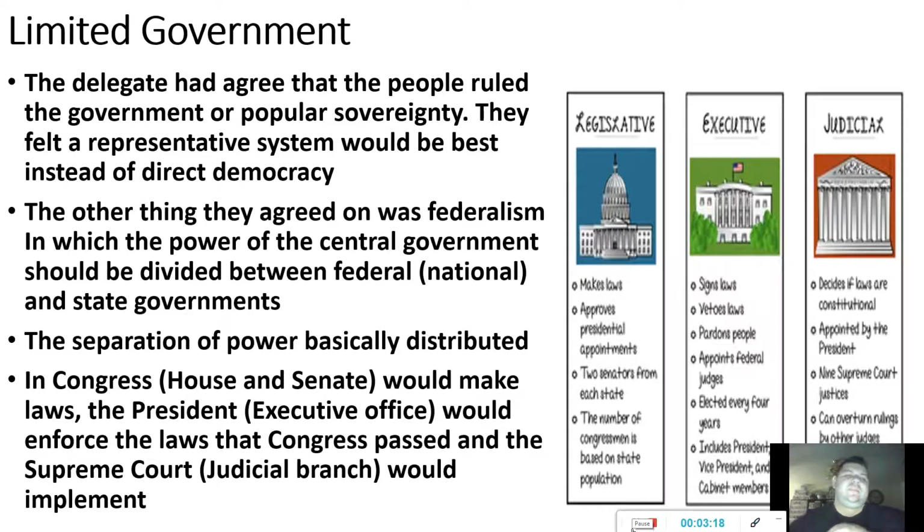All right, now look at, here's the thing. The delegates, when they got together for the Constitutional Convention, they basically agreed on several things. One of them is that the power of the government should come from the people. The people have the popular sovereignty. Okay, we have control. Without our say so, the government can't do anything.